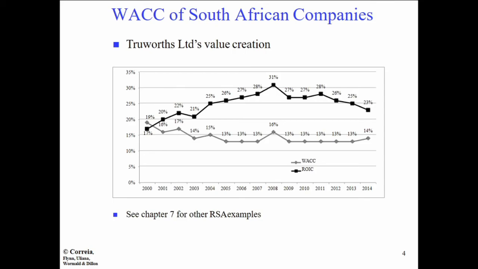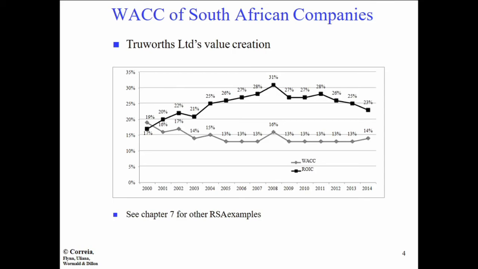So what you should gather from this diagram is that Truworths has been able to maintain a high return on invested capital over the same period, although if you look at the last 3 years, there's actually been a fall in the return on invested capital.